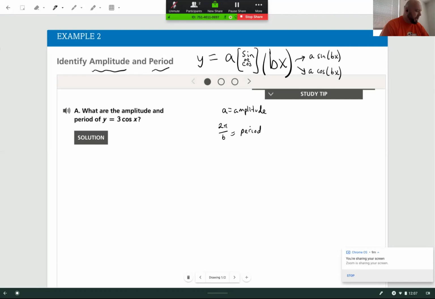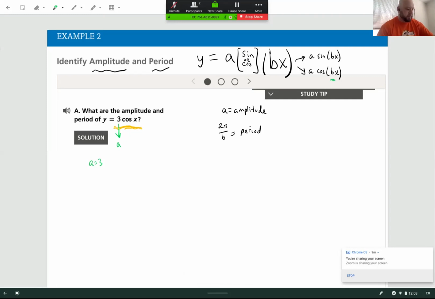So what we want to do is analyze the function that we're given and figure out what are the a and b values on this function. So it should be clear to you that 3 at the start of the function is our a value, so we know a is 3. But it might not be super obvious to you what the b is, but realize that b is always going to come after the trig function.